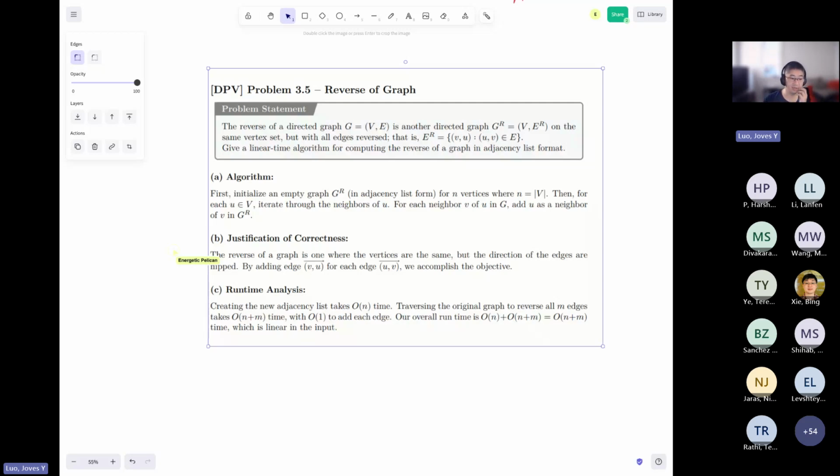By doing this, the vertices are the same, but the direction of the edges is flipped. By adding edge (V, U) instead of (U, V), you basically just accomplish that objective, right?